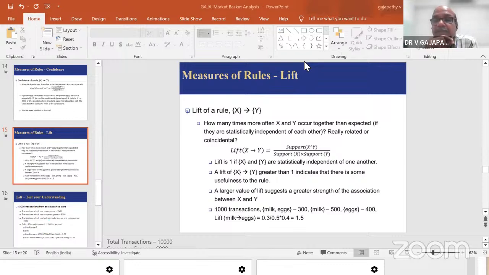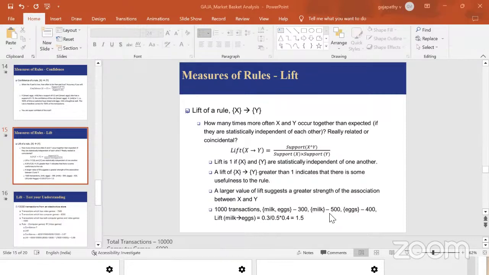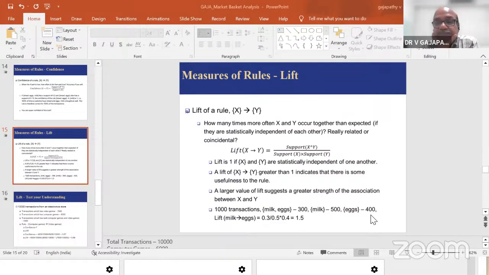Say, for example, milk is 300. If I put milk as 300, then what will happen? It is 3%, 0.3 will come. The first term is 0.3.